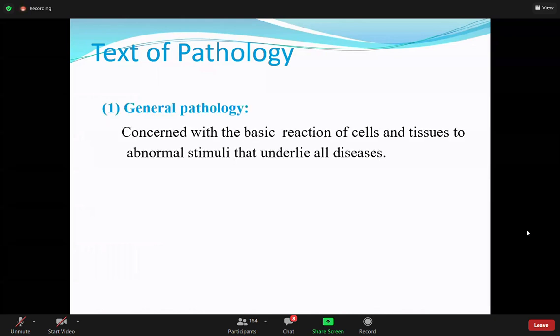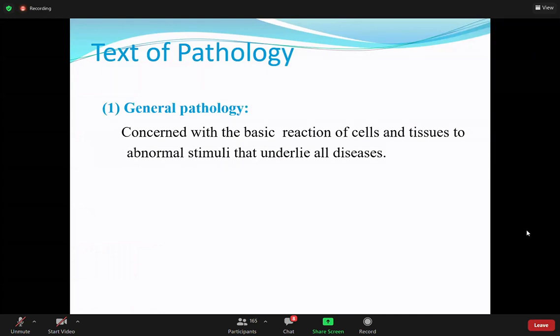So there are 2 major branches of pathology, basically. Now I'm talking about the anatomic pathology which we are dealing with. One is general pathology, and the other one is systemic pathology. In general pathology, which you will be covering now in the POD block, we will just discuss the general ideas of pathology.